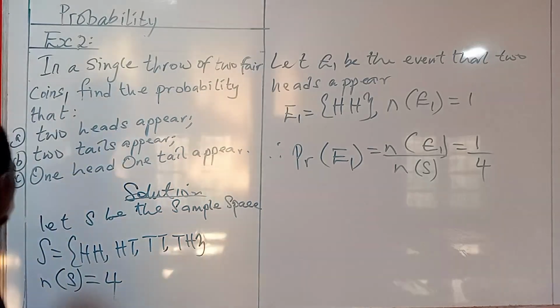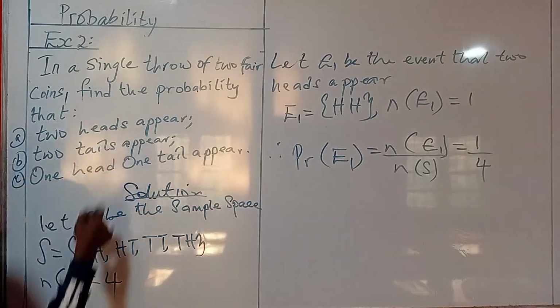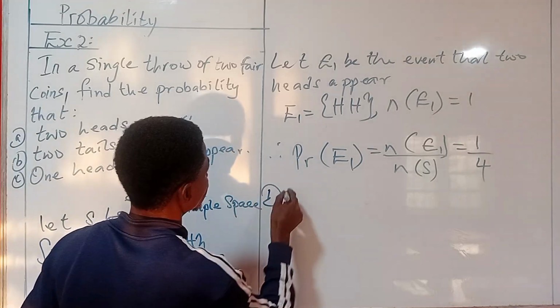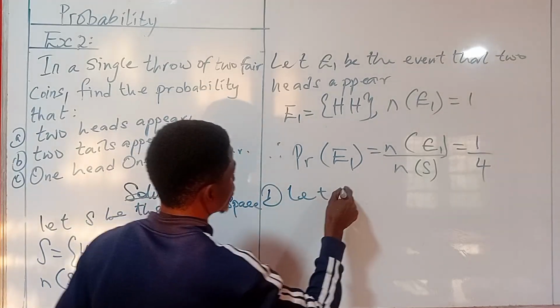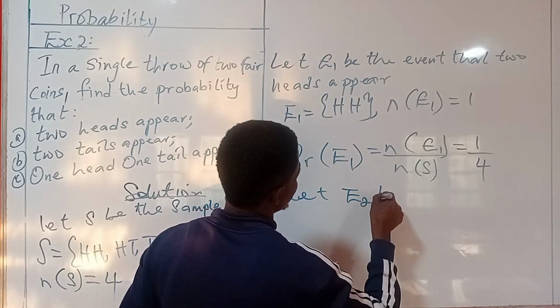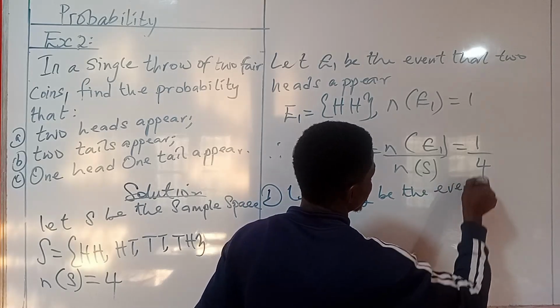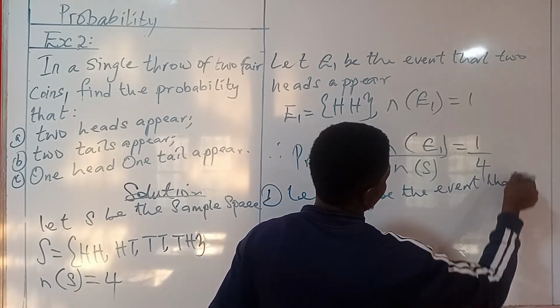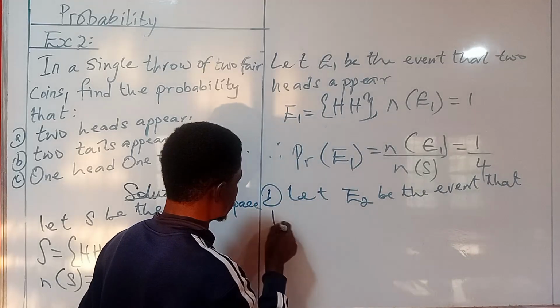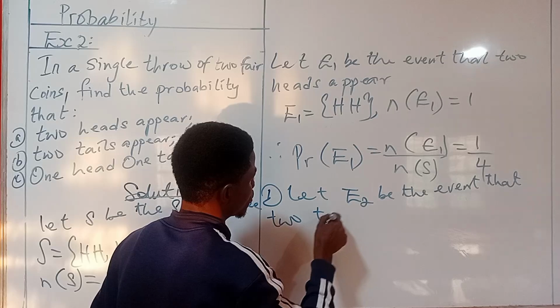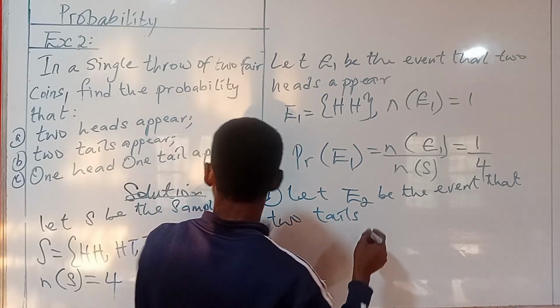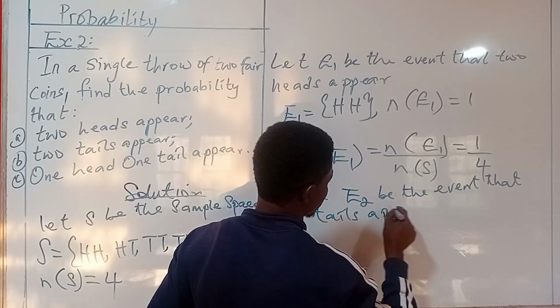Now let's go to number 2. 2 tails appear. Let E2 be the event that 2 tails appear.